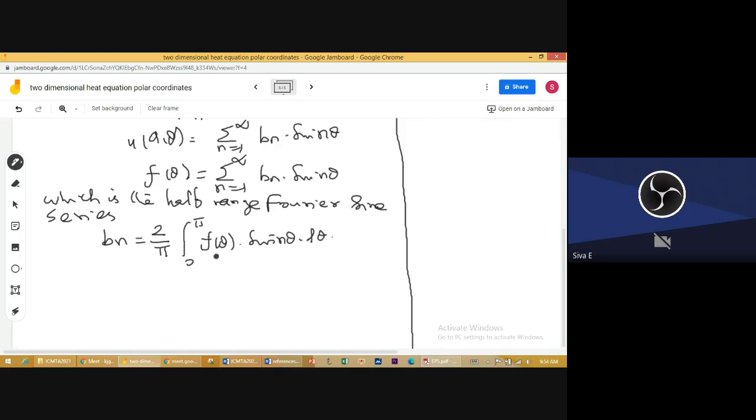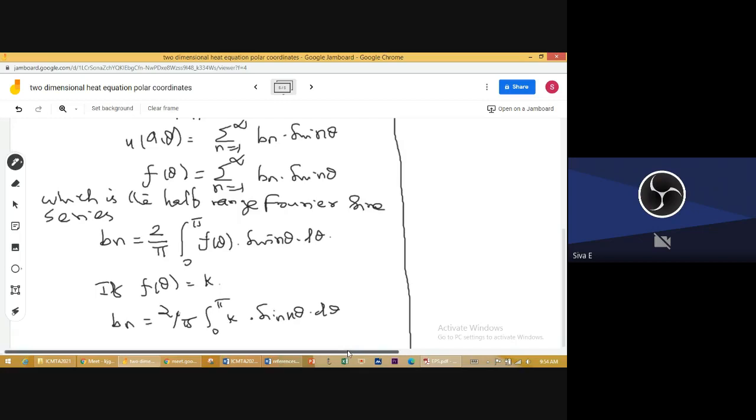Okay, so that problem is not ending here, because the second case is given. What is the second case given in the problem? If f of theta equal to some k, then what is Bn? Bn equal to 2 by pi integral over 0 to pi k sine n theta d theta.